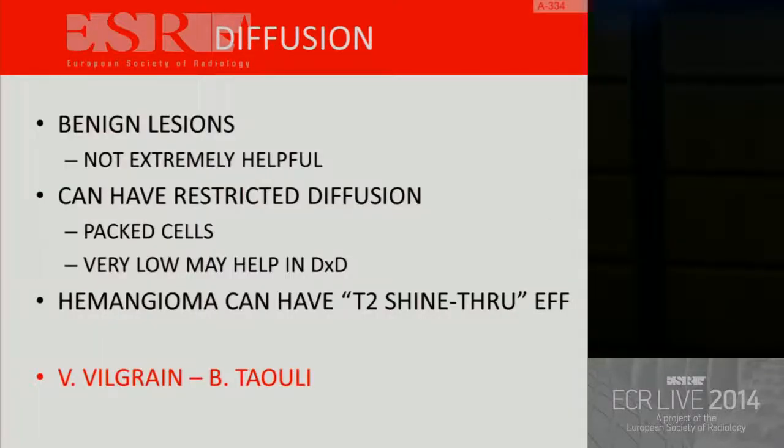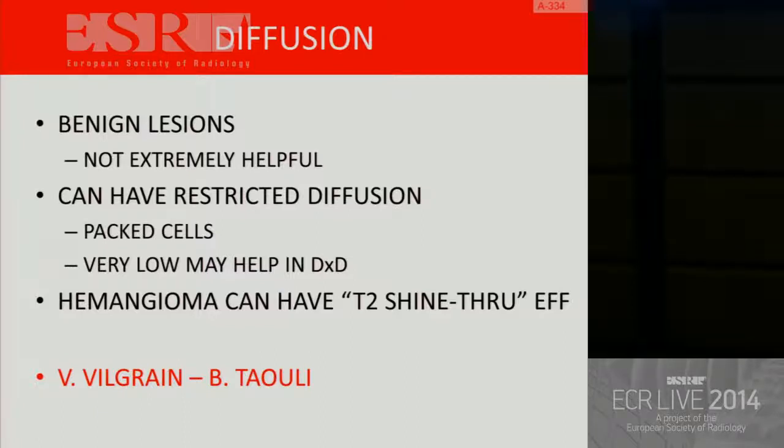How about diffusion in benign hypervascular lesions? It is not extremely helpful, but it can help you to rule out pseudo lesions like fat sparing, as shown by our moderator in a radiology article. And if you want to have more information, you can look at the articles by Dr. Villigrain, Towley, and Dr. Muko.